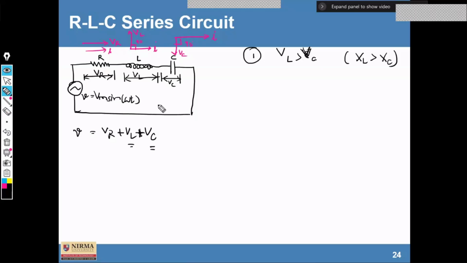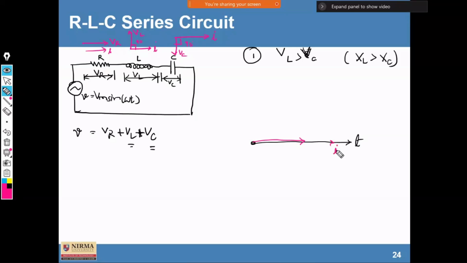Now if I want to draw the vectors, we can draw the different vectors with respect to time t. First of all, let us say vector VR. So VR coincides with I. Here you can represent the vector I also, because we will consider the common reference vector as the current, because the current is common in this circuit.